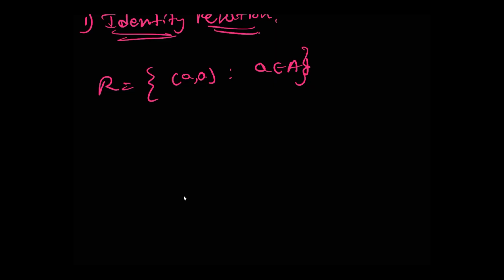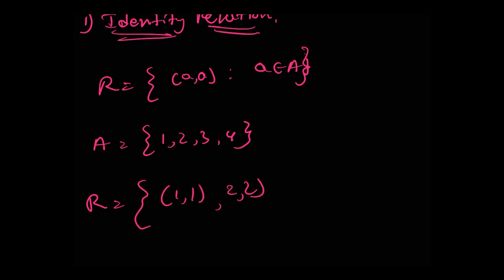For example, let us take set A as {1, 2, 3, 4}. Then the identity relation on set A will be R equals {(1, 1), (2, 2), (3, 3), (4, 4)}.